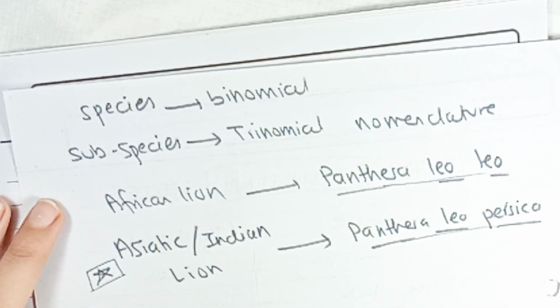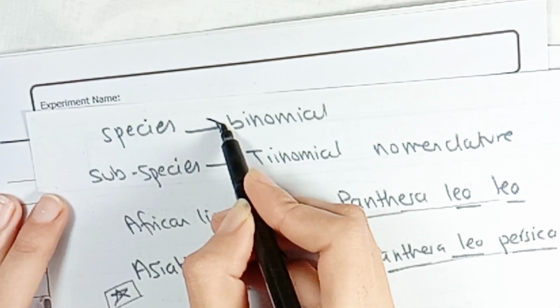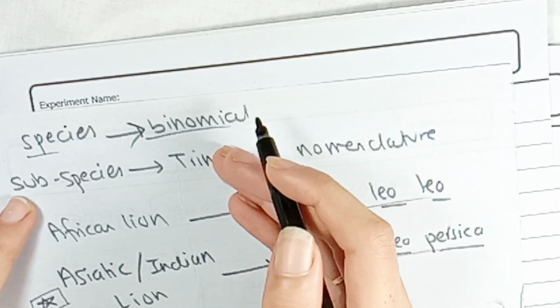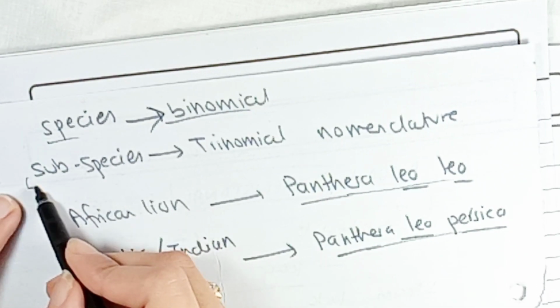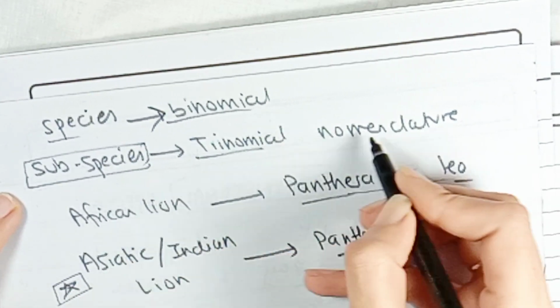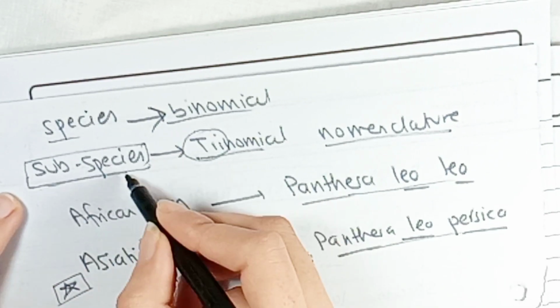Now, when we were naming the species, we said that species are named by the binomial nomenclature, meaning one name is genus and the other name is species. But when we talk about the subspecies concept, then the nomenclature is trinomial nomenclature, where tri means three names. In the subspecies, we have to give three names.